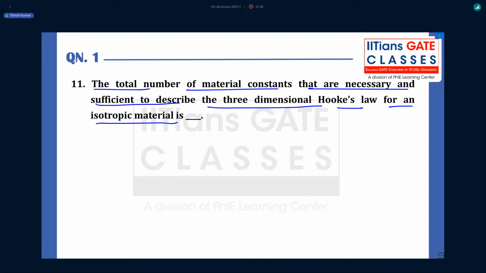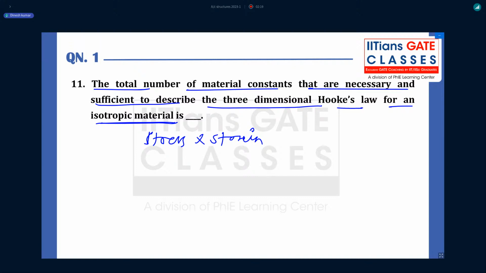So guys, basically the Hooke's law or constitutive laws are the relationship between stresses and strain, right?